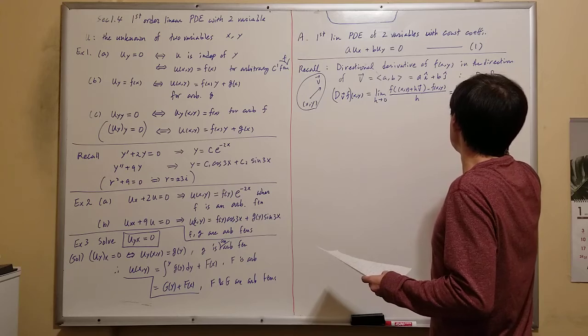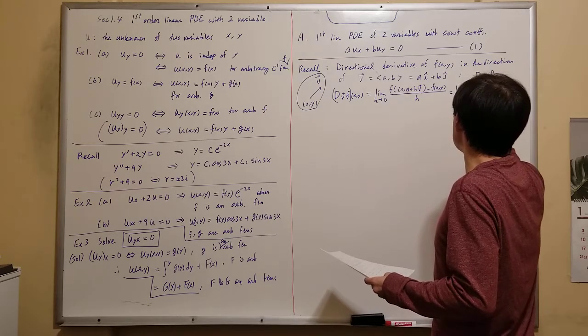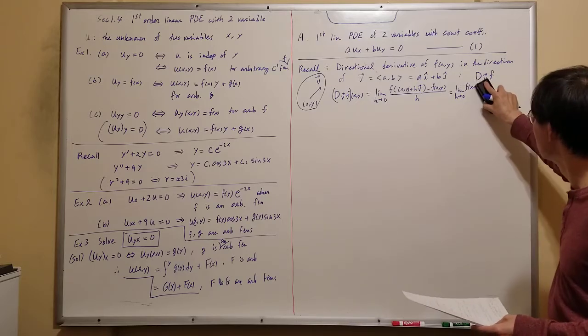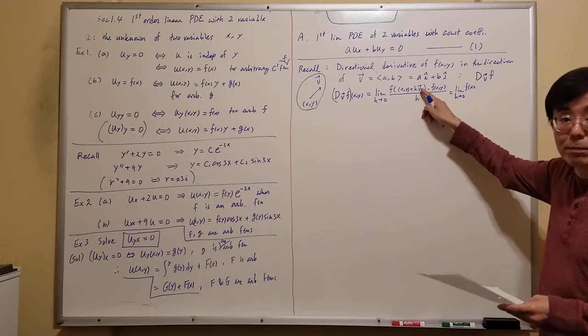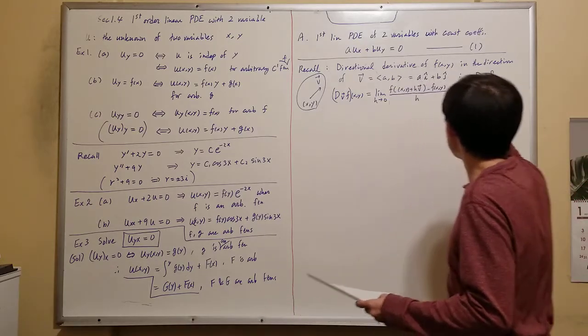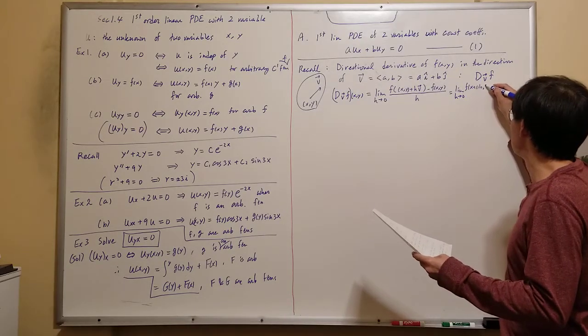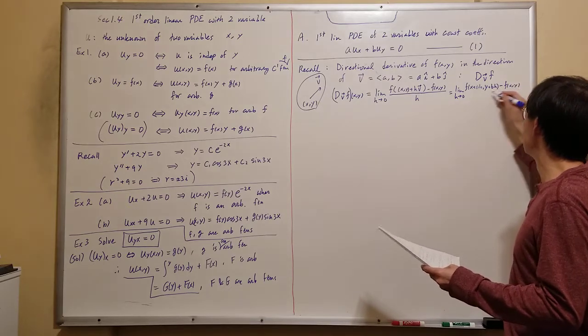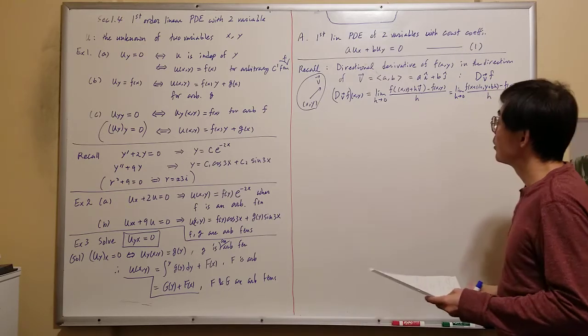Now this one can be written as the limit as h goes to 0 of f of x plus ha, y plus hb, where v equals ab, minus f of xy, over h.